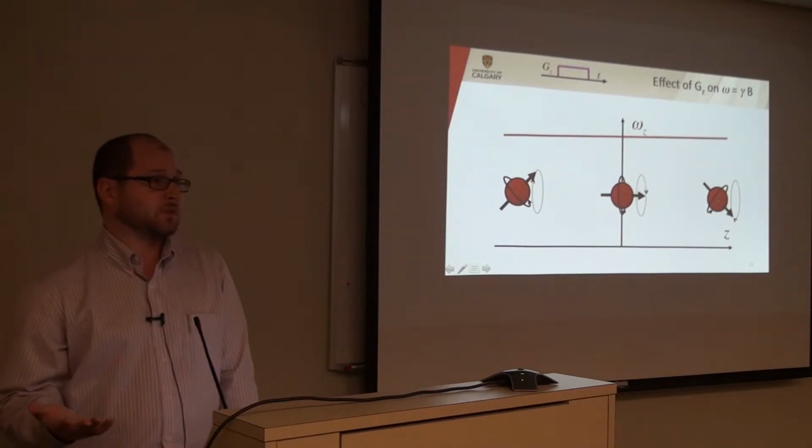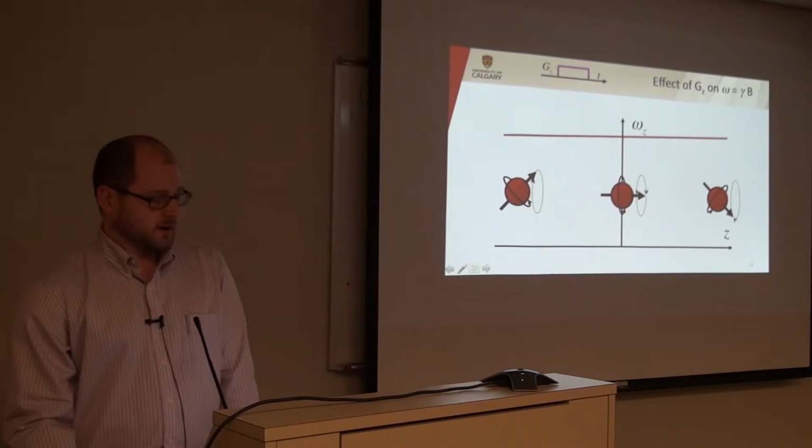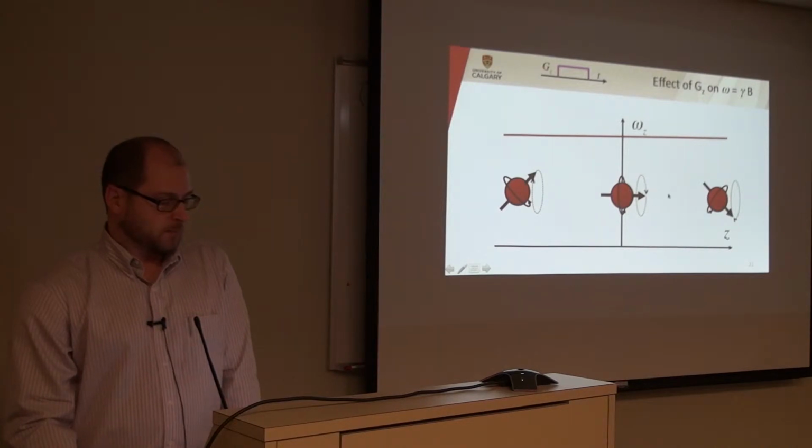This is just simple plug-in equation 1. We know that the magnetic field at these positions is higher than at the middle. So right in the middle, we're still precessing with the same omega 0. Over here, we're precessing slightly faster. Over here, we're precessing slightly slower.